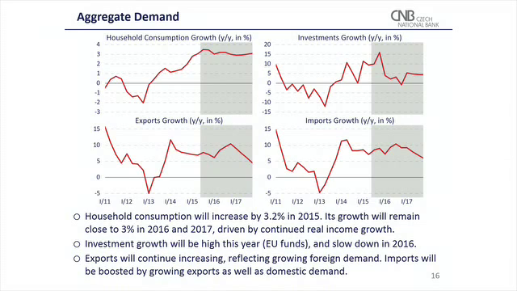And at the same time, we expect continued growth of both exports and imports related to increasing foreign demand, and until 2016 also maintaining of the exchange rate commitment from the CNB side.